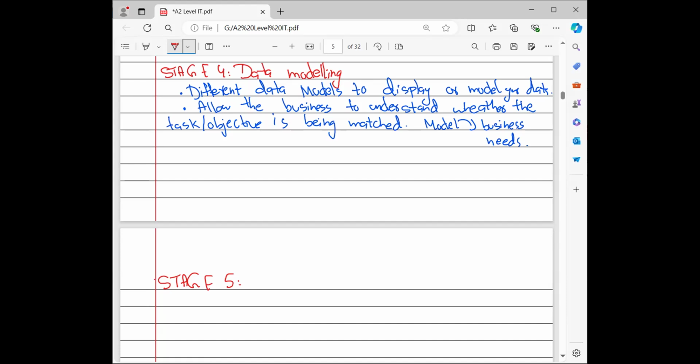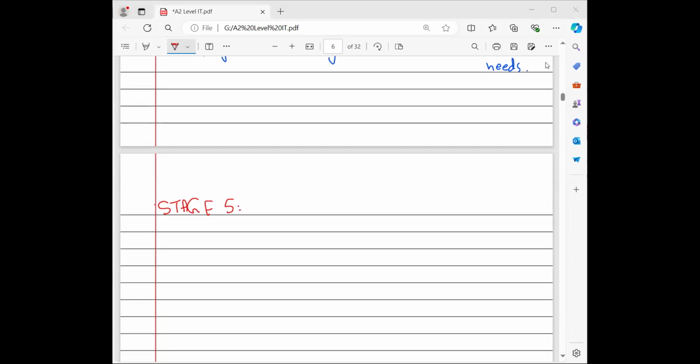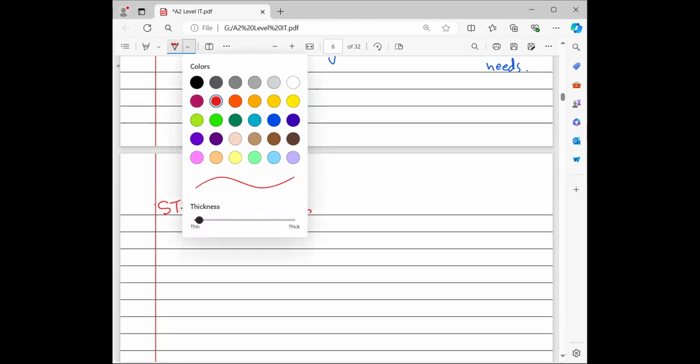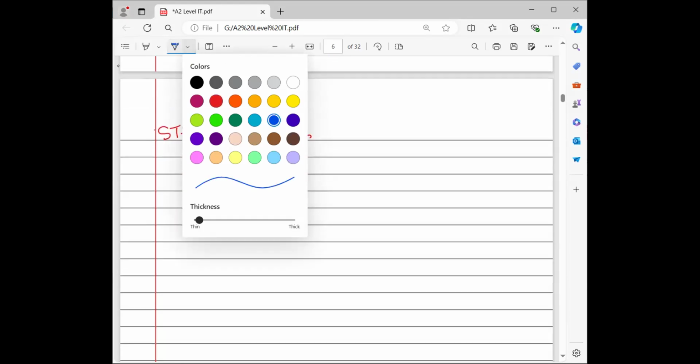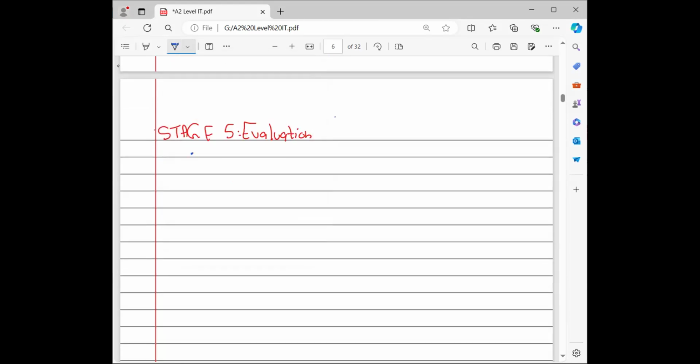Then the fifth stage is your evaluation one. In your evaluation, what you are basically doing is evaluating the results that are being generated, and the model is also evaluated.